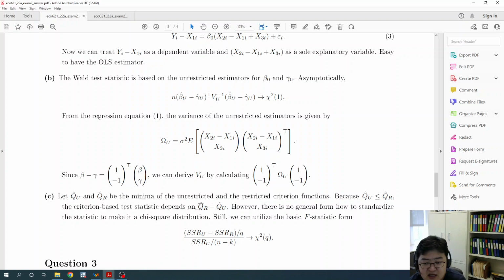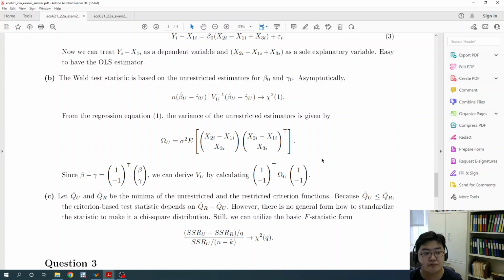Then the problem is, this is not the end of the story. We do not know how to standardize this. There is no general formula to standardize these. But in this case, because these are two OLS estimators, you may apply the basic F statistic theory.